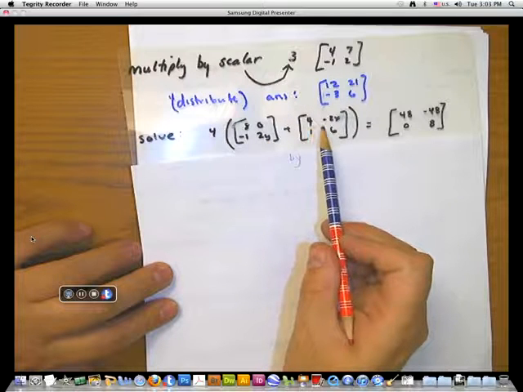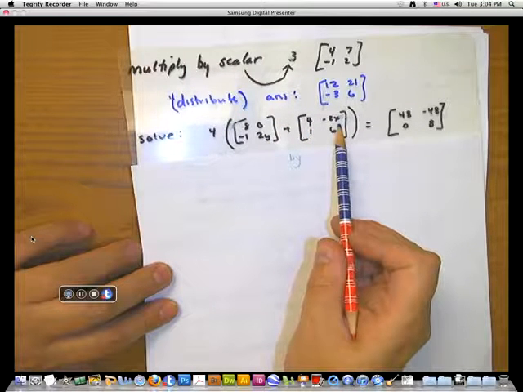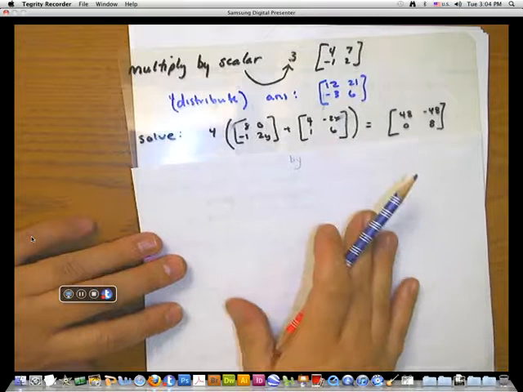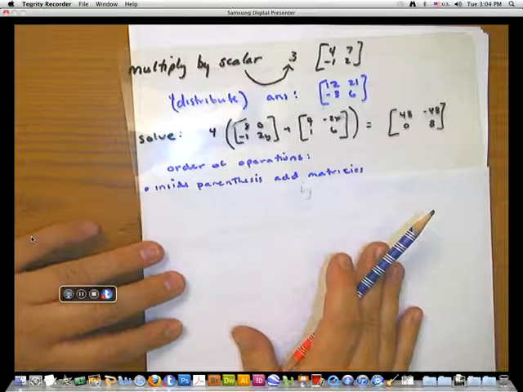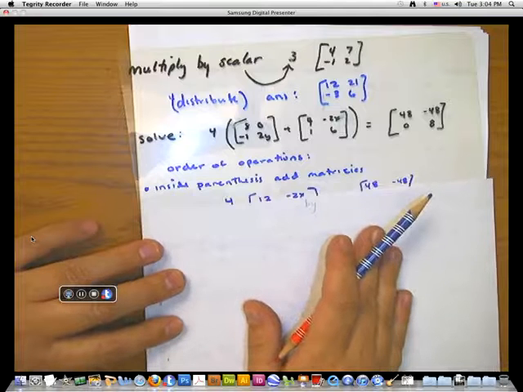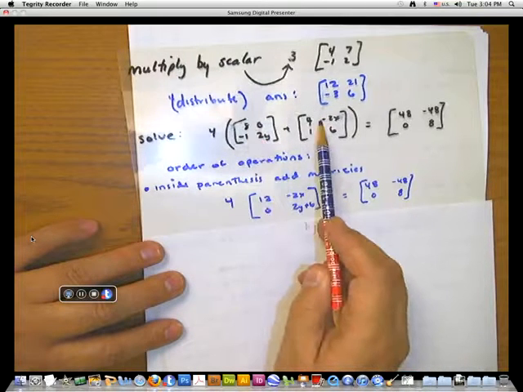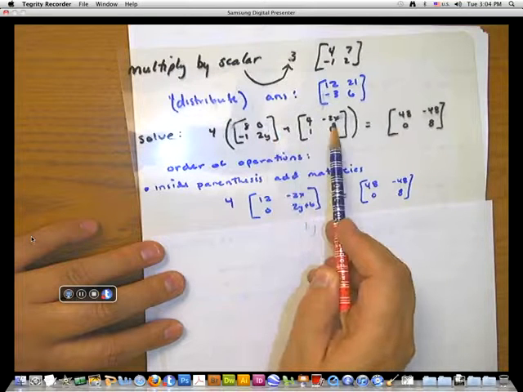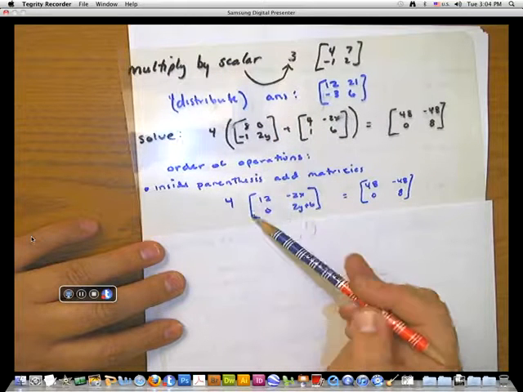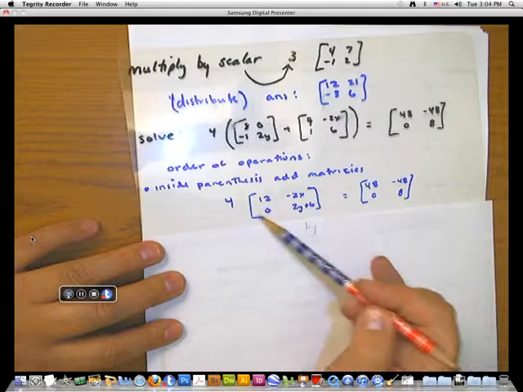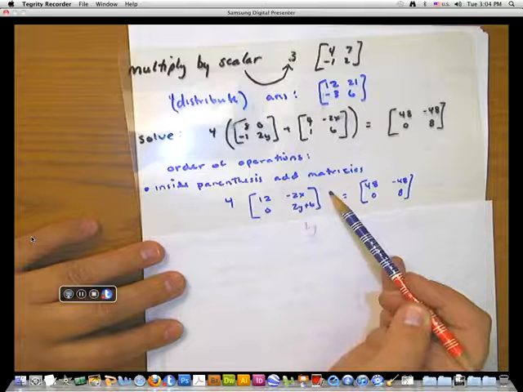The other matrix is 4 minus 2x, 1 and 6. So order of operations. I'm going to do inside the parentheses by adding. When I add 8 and 4, 0 and -2x, -1 and 1, and then 2y and 6, that's my result.